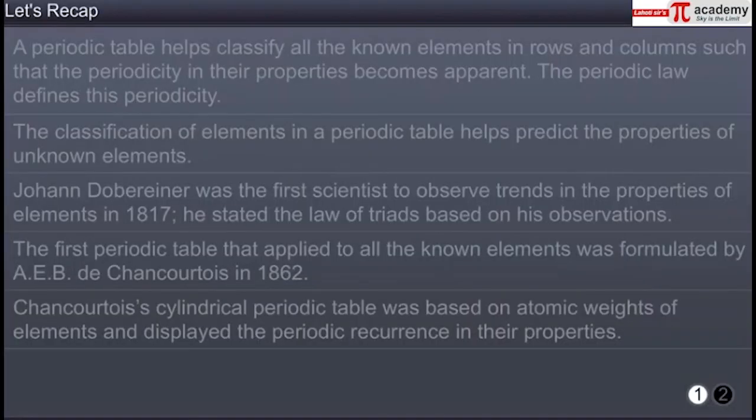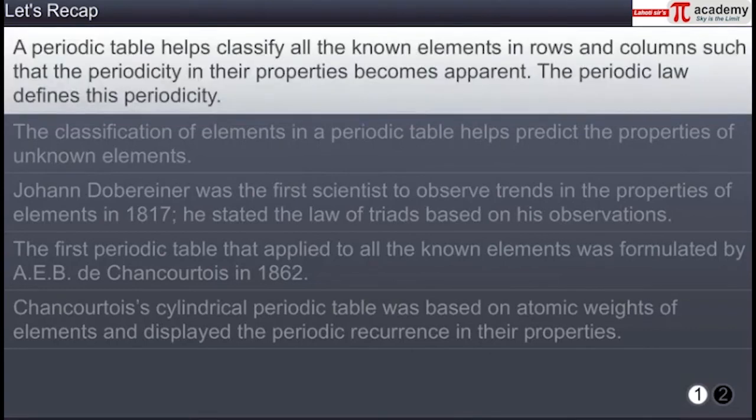You have now reached the end of this module. In this module, you learnt that a periodic table helps classify all the known elements in rows and columns such that the periodicity in their properties becomes apparent. The periodic law defines this periodicity.